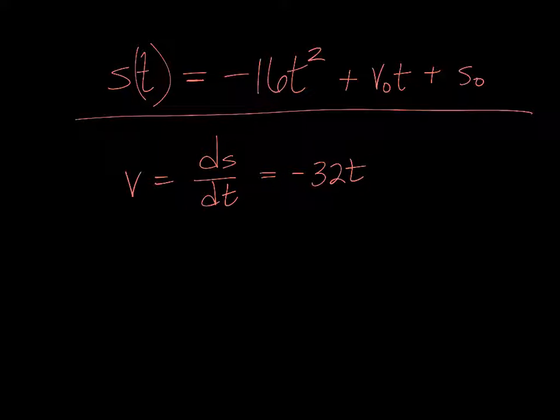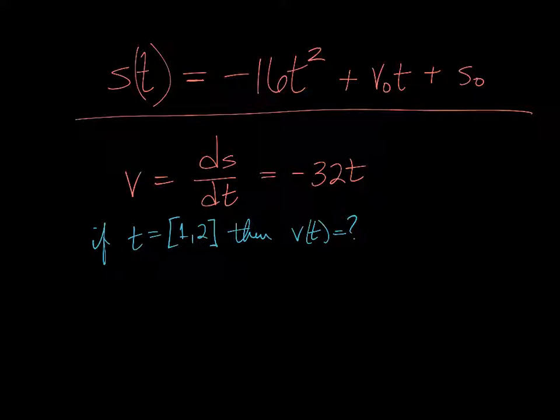Now determine the average velocity on some time interval. So if t is on some interval, say 1 to 2, then v of t, what does it equal? Well, that should be fairly simple.